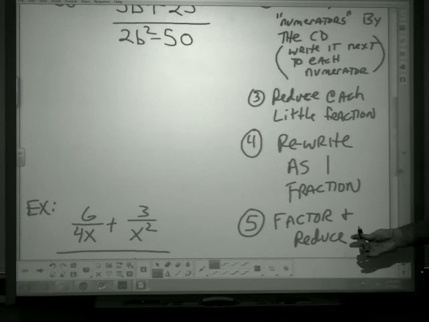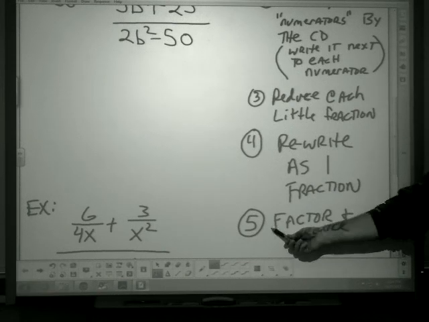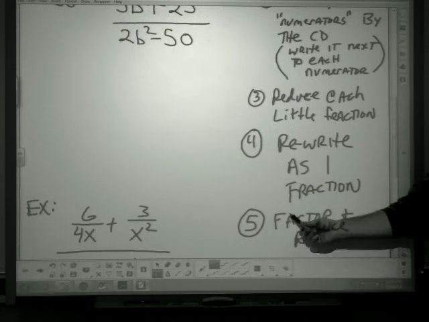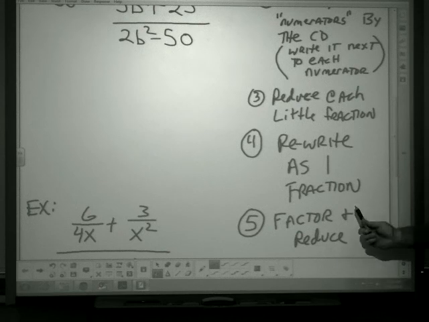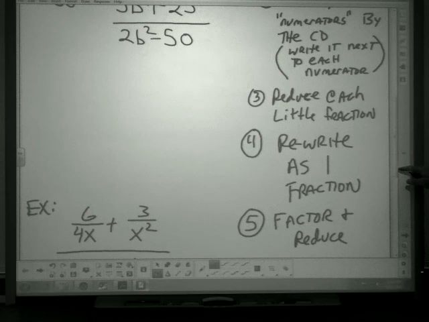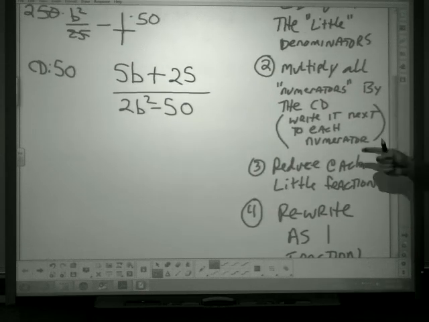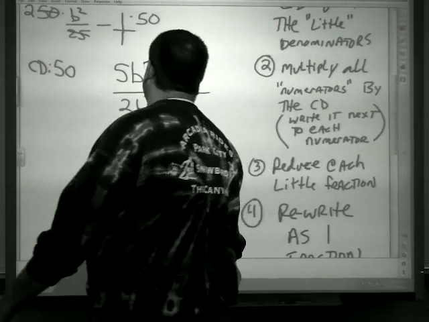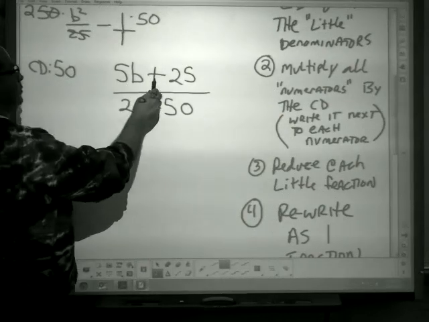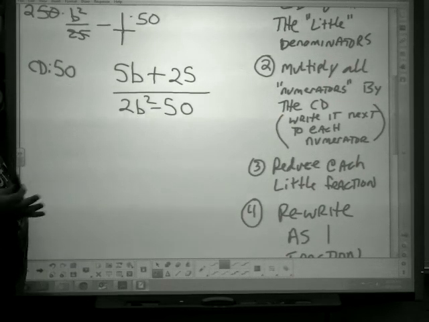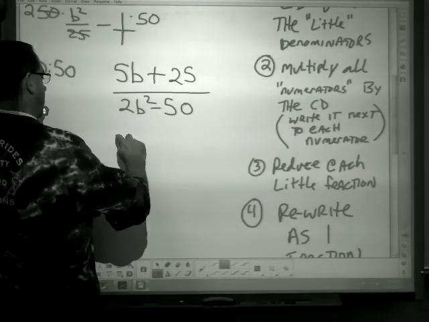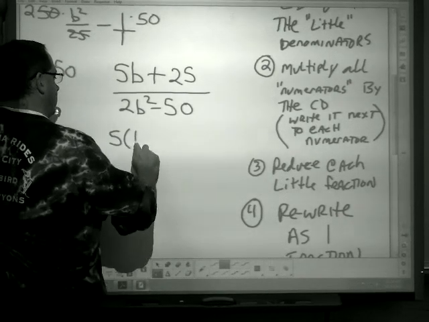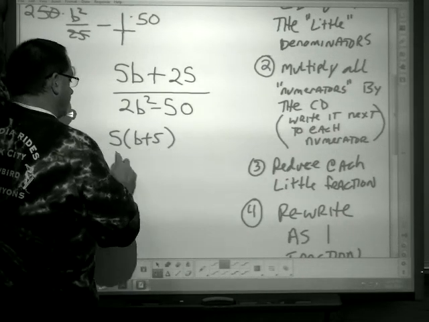Last step, factor and reduce. If possible, and many times it will be possible, we factor and reduce, trying to simplify the answer. So we're not done yet. We now have to factor. Well, 5b plus 25, common factor is 5, so I got a 5, and then I have b plus 5.